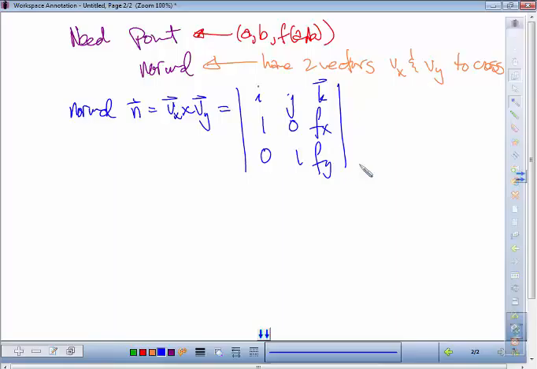So, here's what we have. We do the cross product. Let's see. In the x, I have 0 times minus fx, so this wasn't the way I wanted, but let's deal with it. If we cross out the j component, this will be a negative. It'll be fy minus 0. And then the k component is 1.